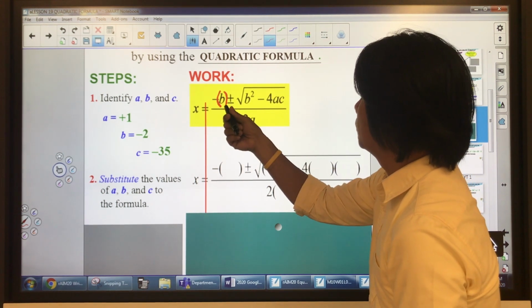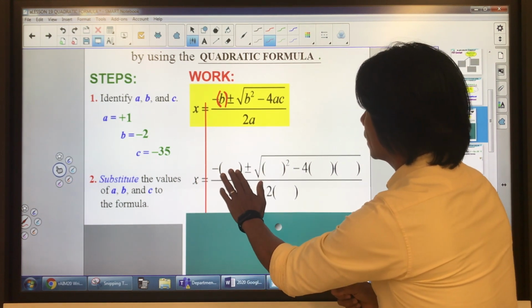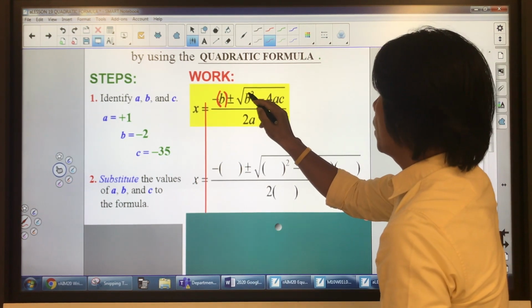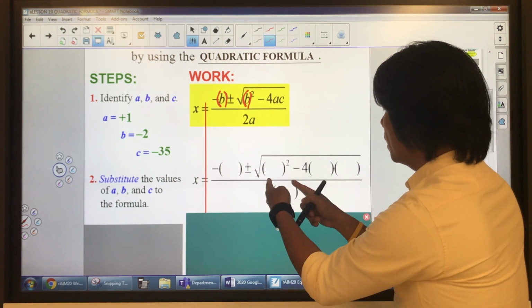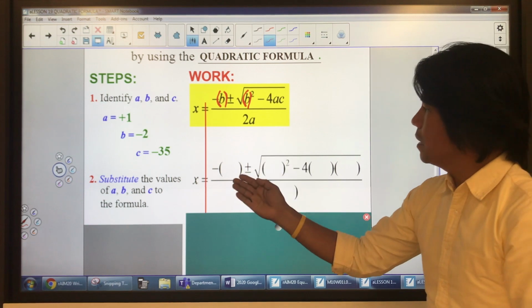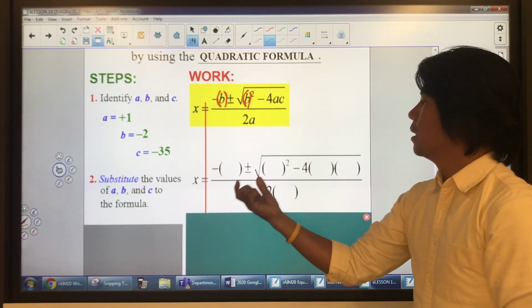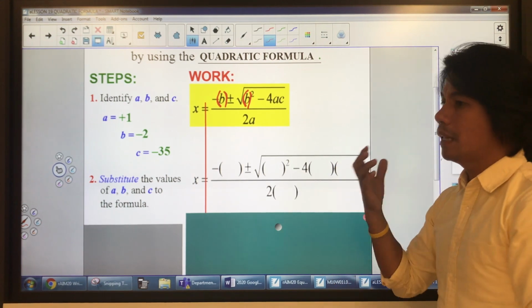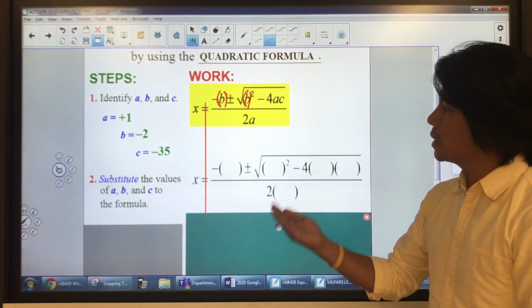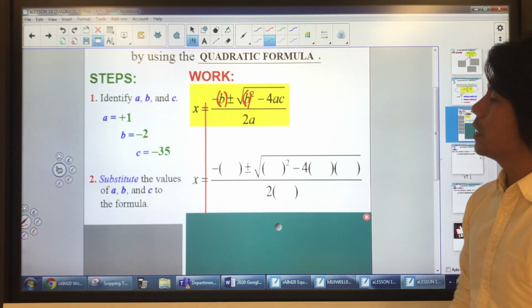So instead of putting b here, I put parentheses and leave it blank. Then the square root of b, again, parentheses. Basically, every time you see a variable here, you see parentheses. And that's very important. Why? Because we are substituting values for each of the variables there.